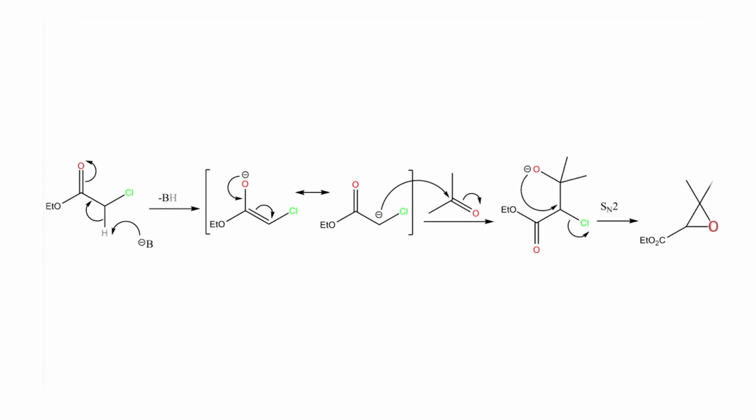So the key step in the next transformation is that once you generate this tetrahedral intermediate, it can get protonated, but the other thing it can do is to swing around and react with this carbon here, and do an SN2 reaction to form the epoxide.